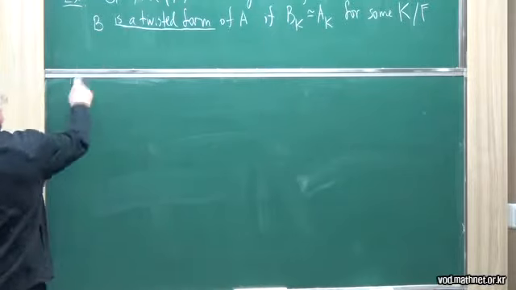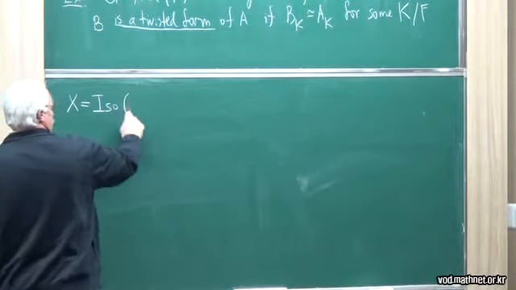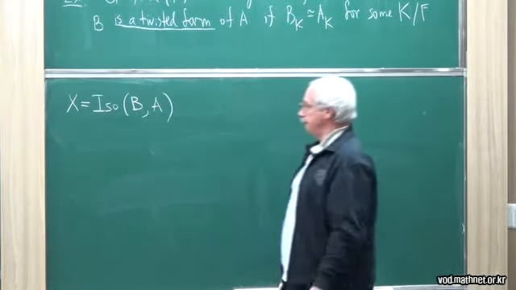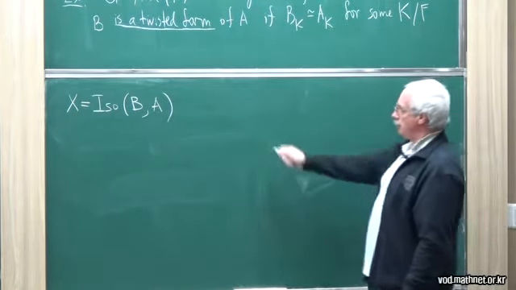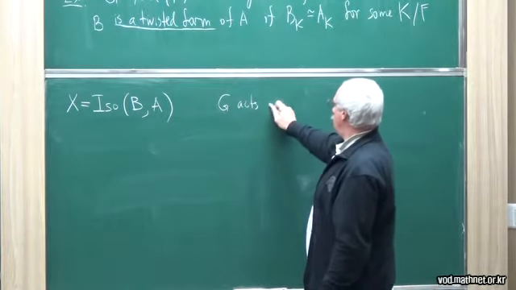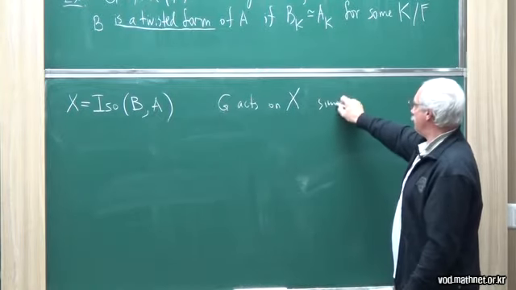If you have such a B, you can form the variety X of isomorphisms between B and A. And G acts on X, well, nicely, simply transitively.